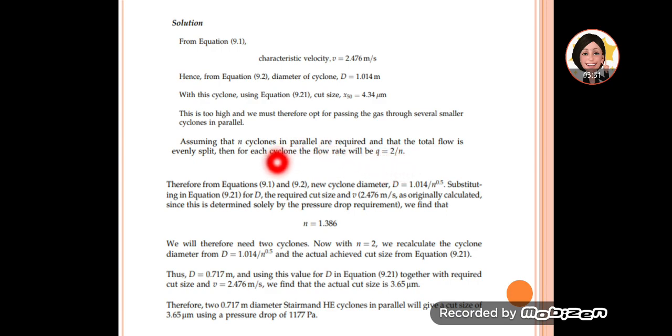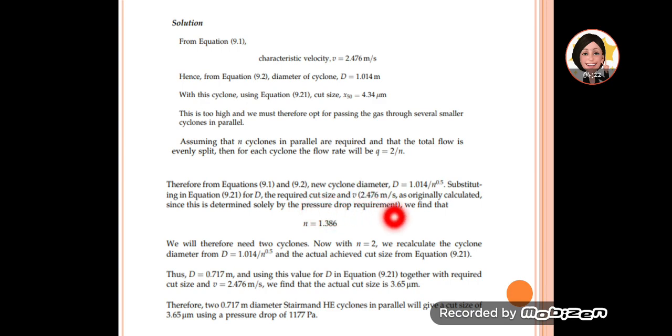Again we use equations 9.1 and 9.2 to calculate the new diameter. Now the diameter will have n as an unknown. This is the new diameter, and we substitute it in equation 9.21 with the required cut size of 4.